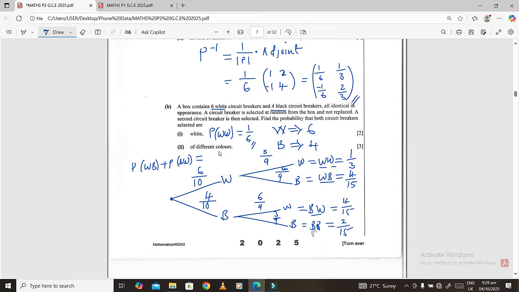So we're going to say 4 over 15 plus 4 over 15. So when you add these two, we're getting what? We're getting 8 over 15. So here the answer is 8 over 15 for question 2. We go to the next one.